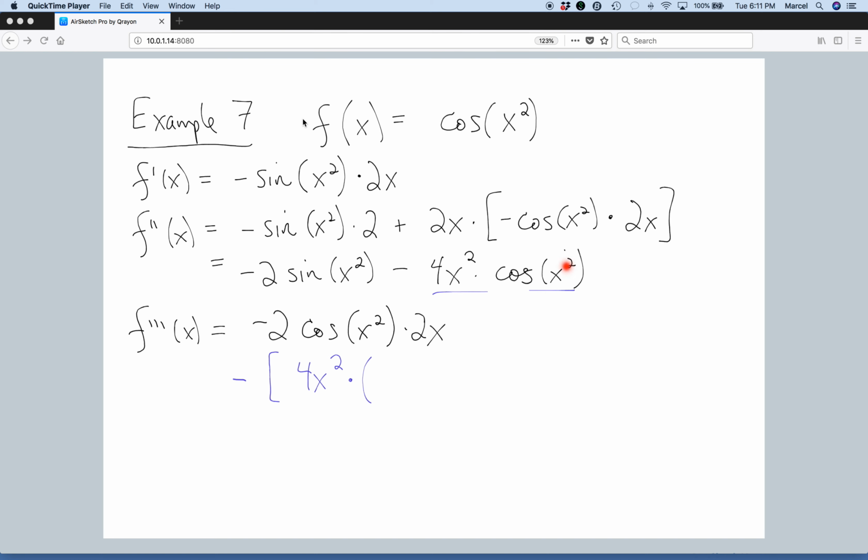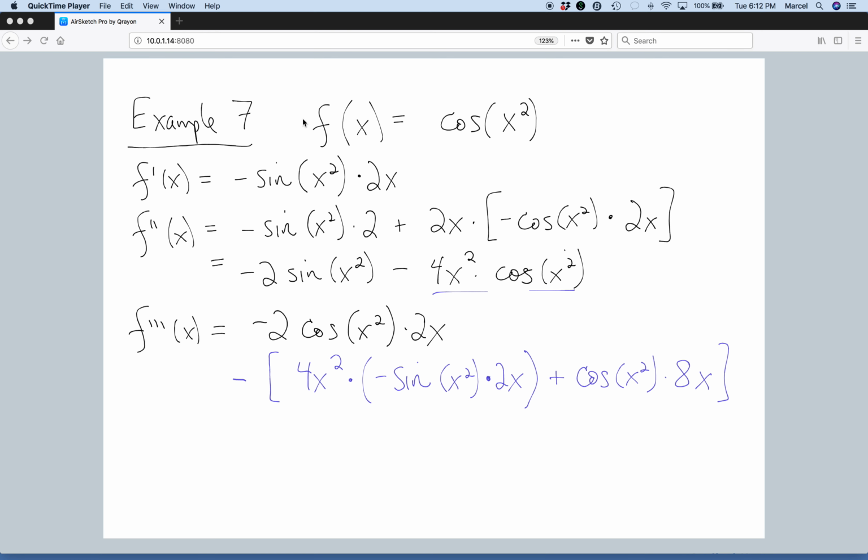The derivative of that outer function, we have minus sine, leave the inner function alone, x squared, times the derivative of the inner function, 2x. So this was our first part of the product rule. Second product rule term, plus the second, cosine of x squared, times the derivative of the first. Power rule, 2 times 4 is 8, x to the first power.